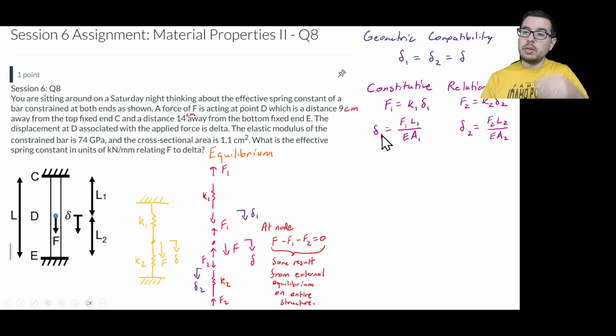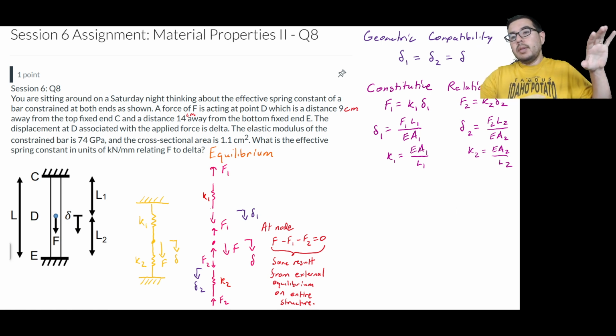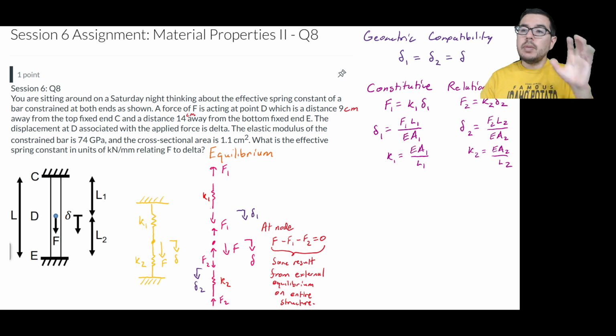You see there's an F1, there's a delta 1. I can define the K1, right? The K1 is going to be EA1 over L1, and the K2 is going to be EA2 over L2. So we've got constitutive relationships, we've got a geometric compatibility relationship, and we've got a relationship for equilibrium.